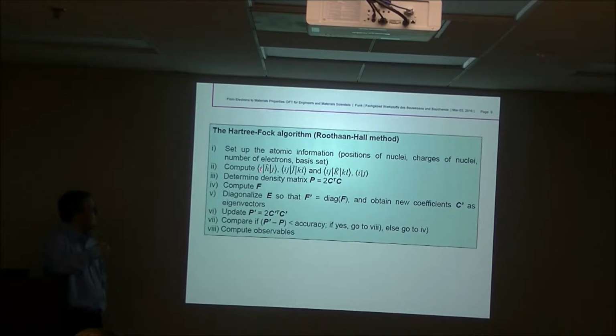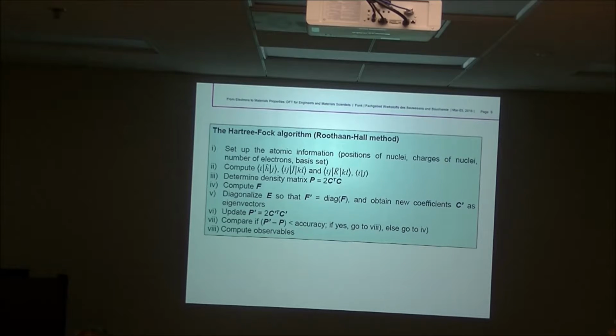Actually, it's still there, because this h here is of course minus 1/2 nabla squared plus v, which is the potential between electrons and nuclei. This is included in this operator. So we still have this, but this can be for as many particles as we want.